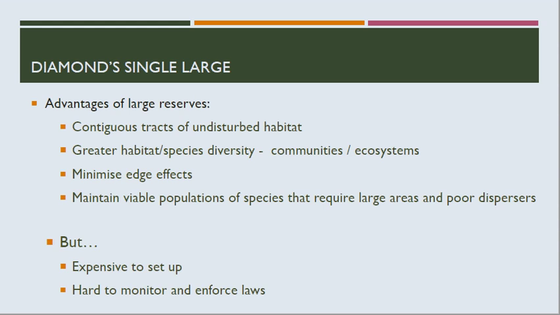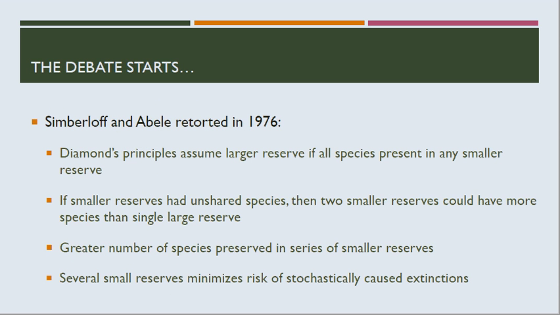Right, so Simberloff and Abele responded to Diamond's principles in 1976, saying that if we have a single large reserve, then it's much more likely that you're going to miss out on some sort of unique or rare type of... excuse me.